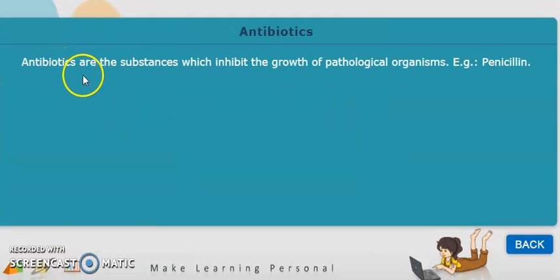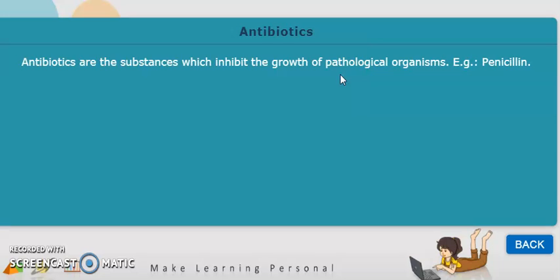Next term we have is antibiotics. Antibiotics are substances which inhibit the growth of pathological organisms. An example is penicillin. First of all, children, you need to understand what a pathological organism is. Pathological organisms are the variety of microorganisms that cause diseases, such as viruses, bacteria, fungi, protozoa.